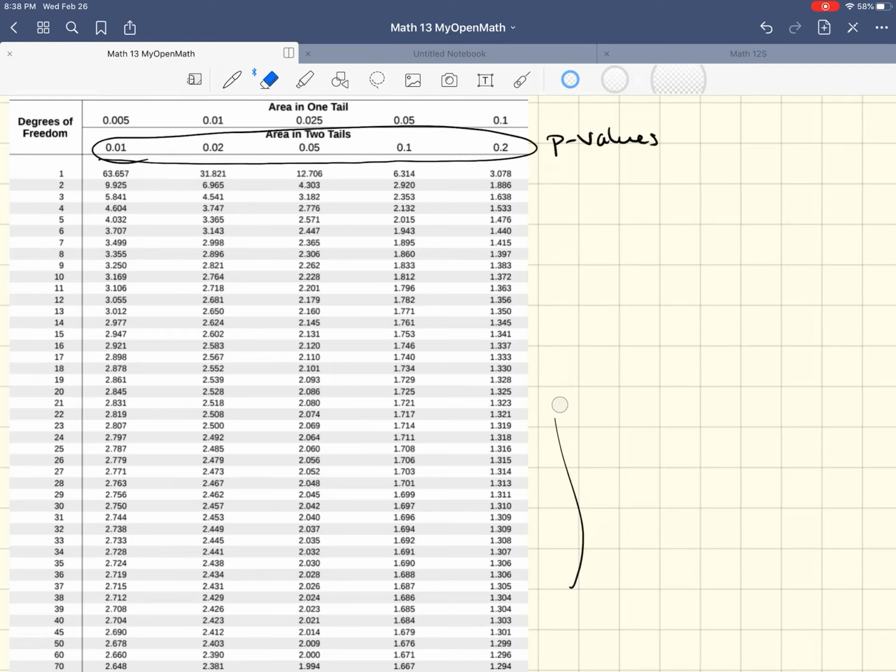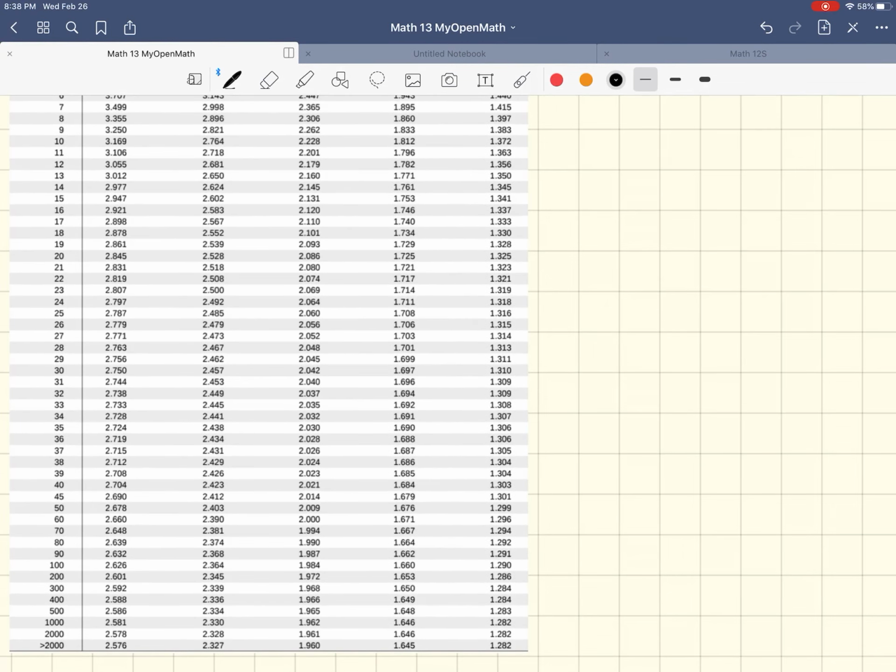So we're going to have to do a little estimating, but all we care about is whether this p-value is bigger or smaller than our significance level. So if we scroll all the way down here, let me get out my highlighter, I'm going to remind us that our n in this case was 96.